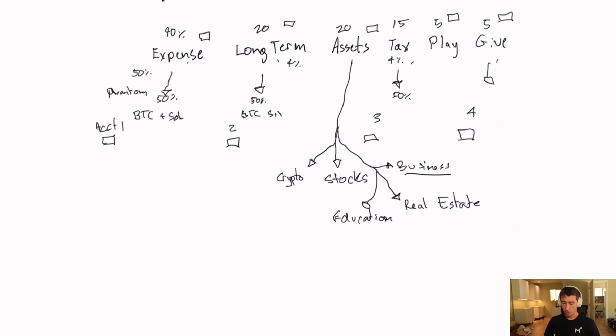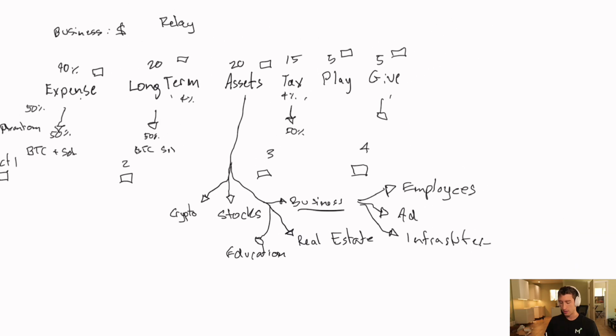And so in business we also go into different accounts. We got an employee account, where we pay out employees, right? We have an ad account which we use for marketing. We have an account for infrastructure. And those accounts are also up here. So we have extra accounts.